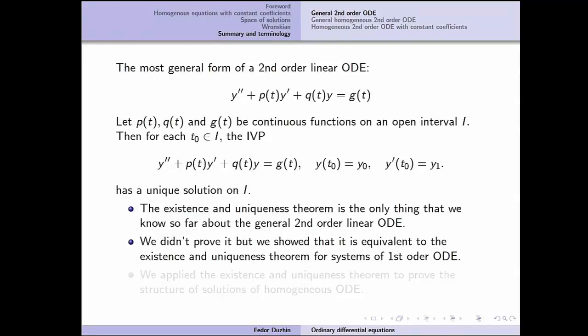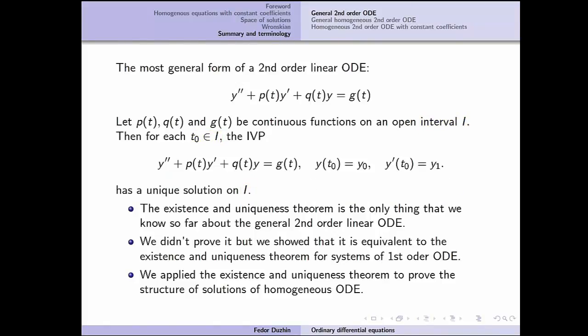The one thing that we didn't explain is the fact that this y of t has the same domain as p of t, g of t, and q of t, right? So the fact that this happens on the same interval, I didn't explain.